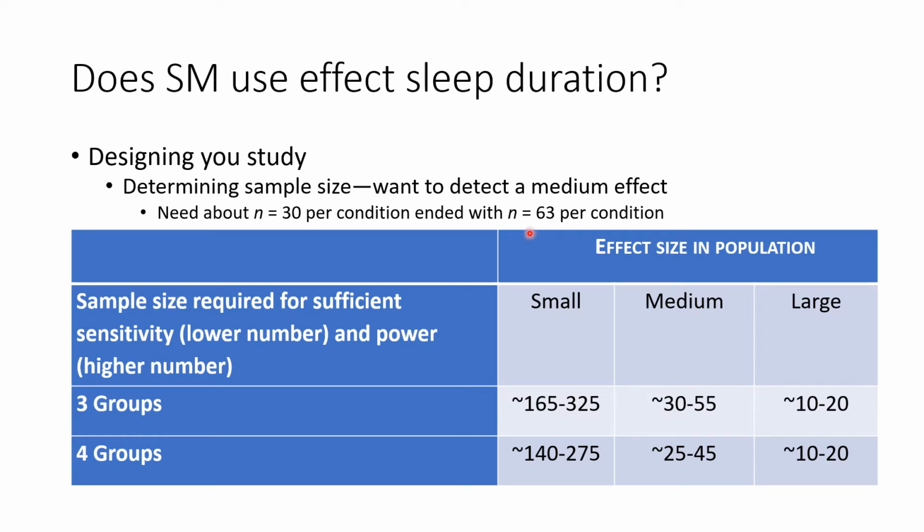In this case, we ended up with 63 people per condition, so that puts us well above what is the minimum required to detect a medium effect, and that's great. Again, generally you want to have a larger sample size, as large as you can get within the constraints of your time and money resources.